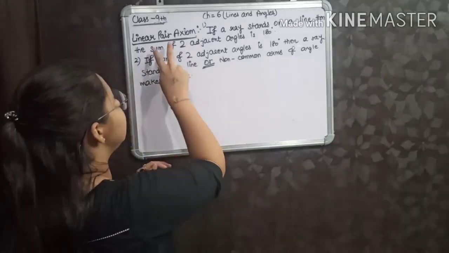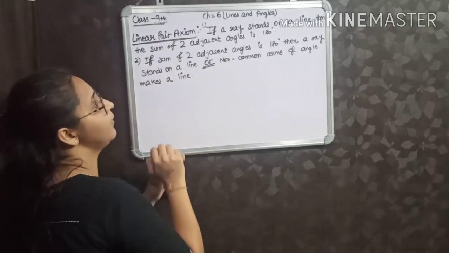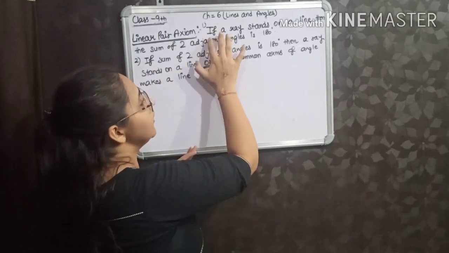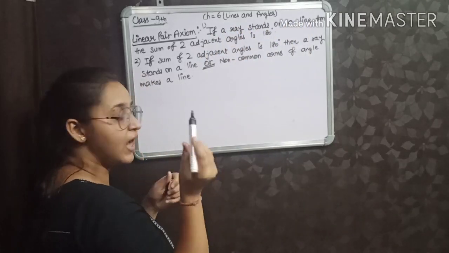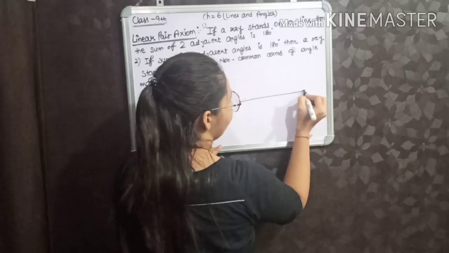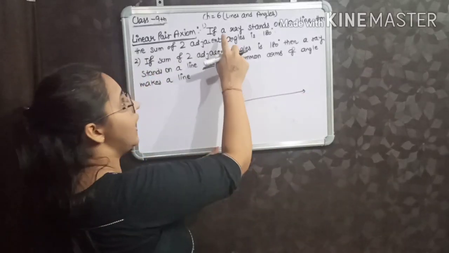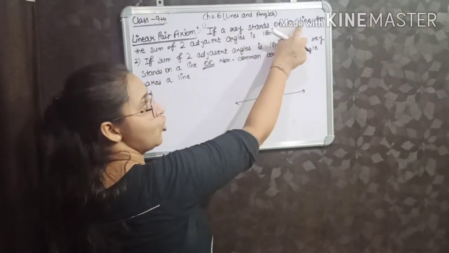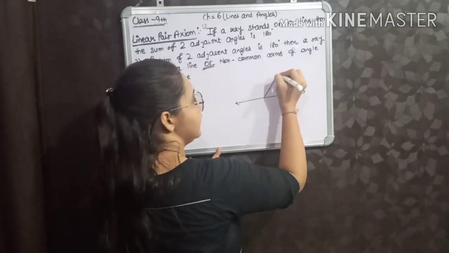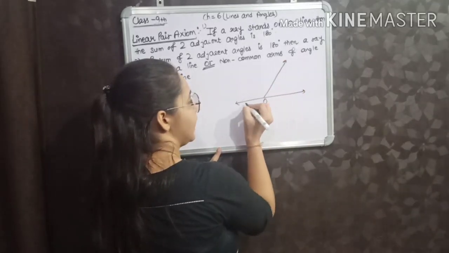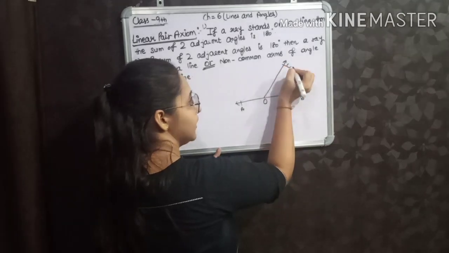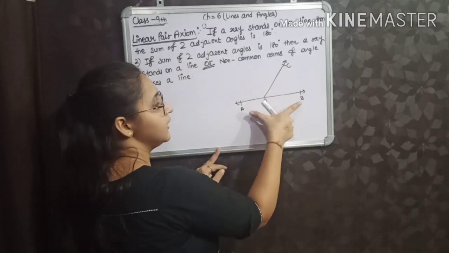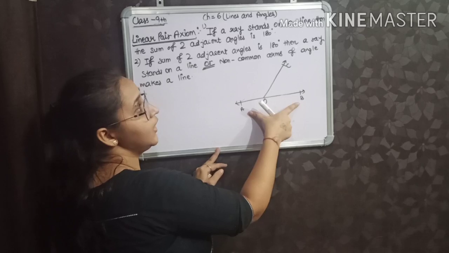Now, what is the linear pair axiom? The linear pair axiom says that if a ray stands on a line, it means we have a line, and I am taking a ray OC that stands on the line AB.